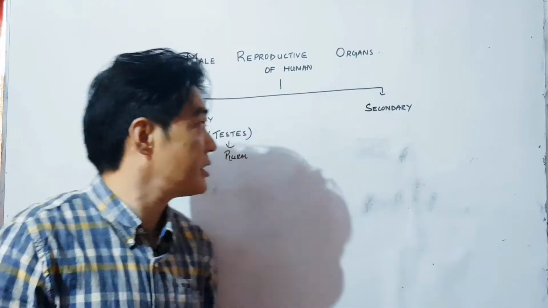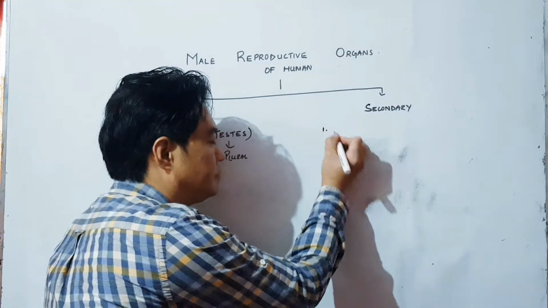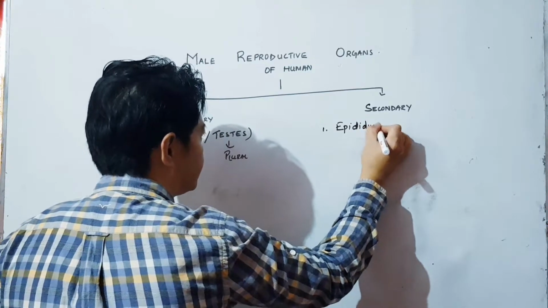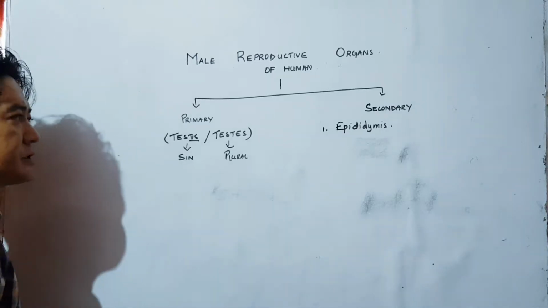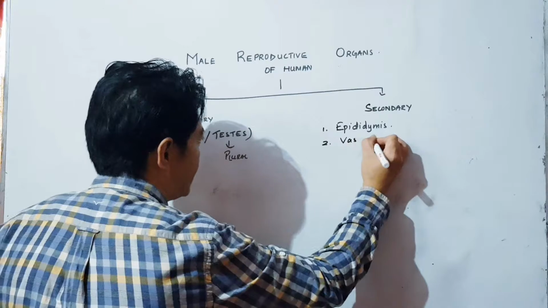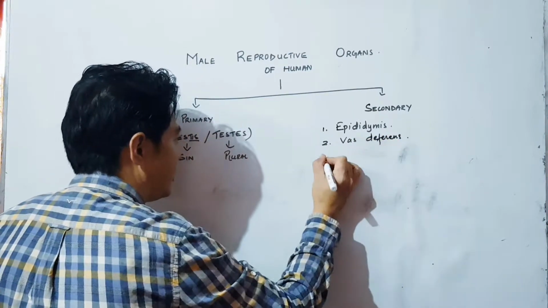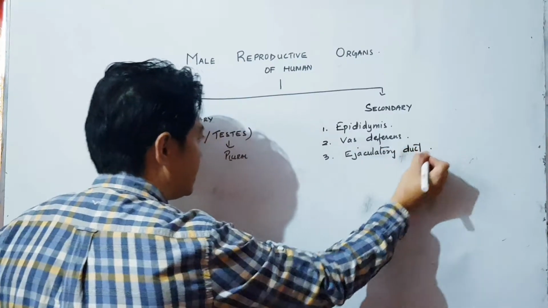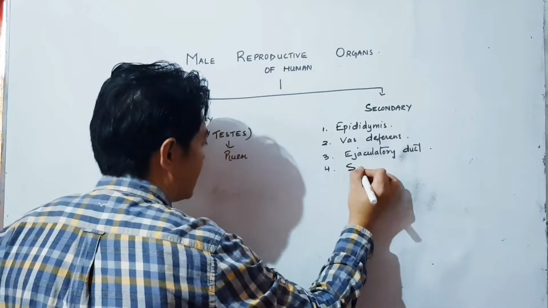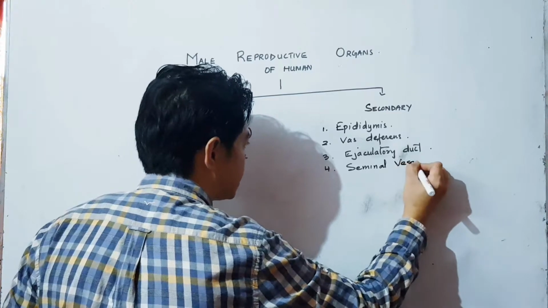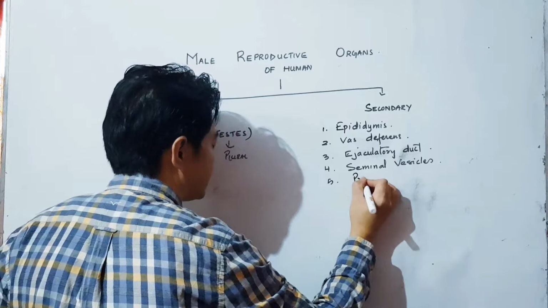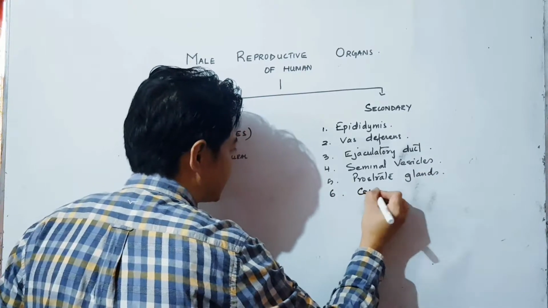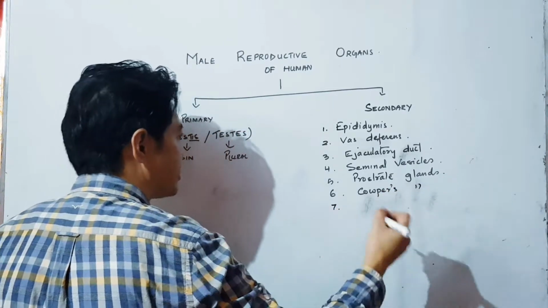And the remaining accessory organs, for example, number one, epididymis, number two, vas deferens, number three, ejaculatory duct, number four, seminal vesicles, number five, prostate glands, number six, corpus glands, and number seven, the external penis.